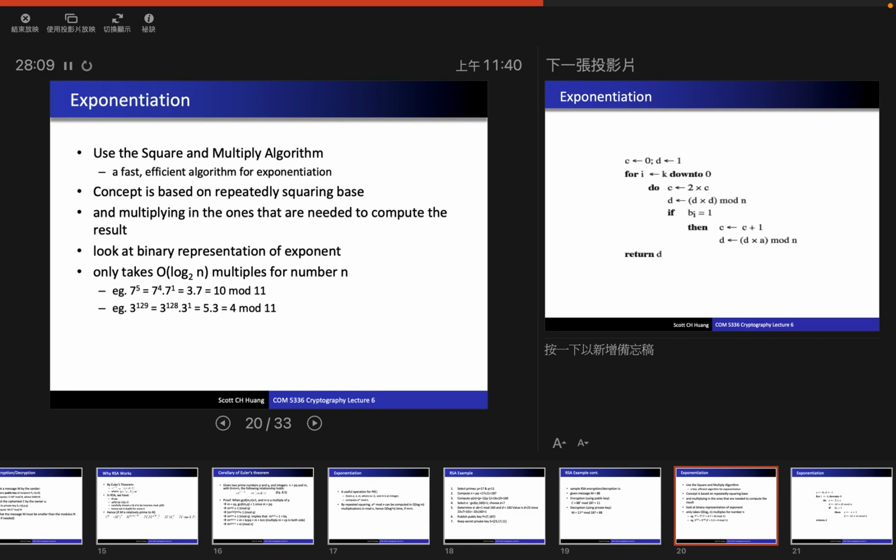This even number will always have a factor of 2, so this can always be calculated. But once you get the result of the parentheses, you multiply another copy of 123. So that's the idea.